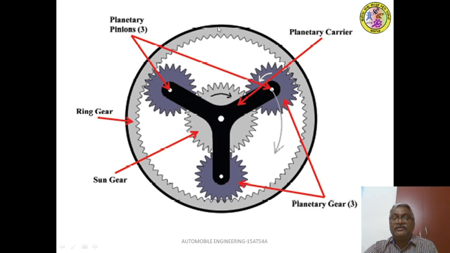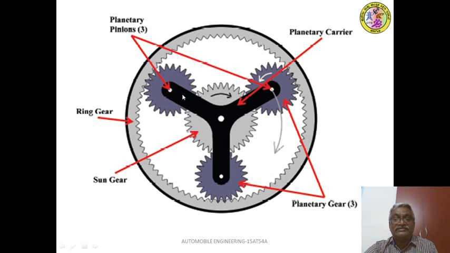This ring gear is stationary, whereas this sun gear is a driving gear, because power is transmitted from the engine to the axle shaft. The axle shaft is rotating, it is the driving member, and therefore the sun gear is the driving member.